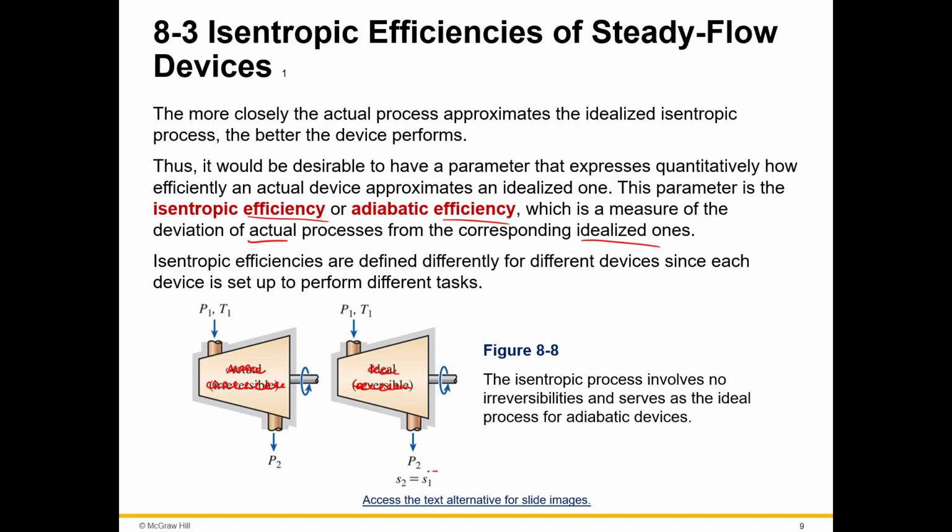This right here. It's saying that there are no irreversibilities, that they are equal. Whatever we're putting in here is here. There's nothing changing. That's how we know that this is the ideal and reversible one versus the actual.